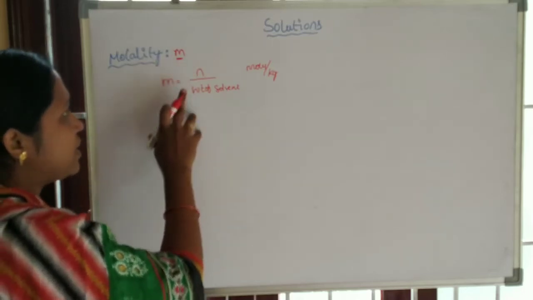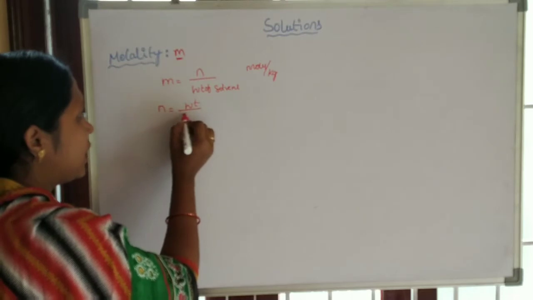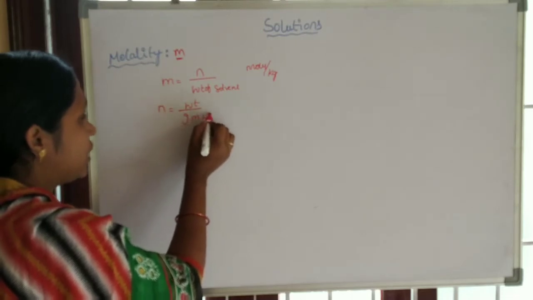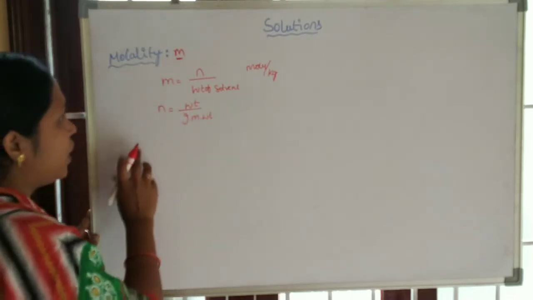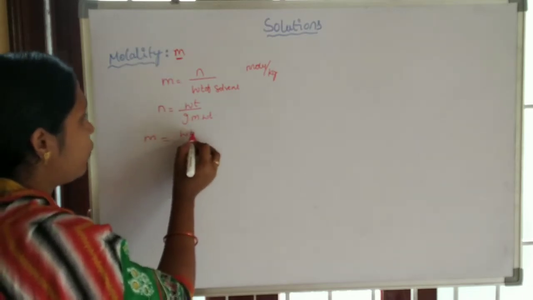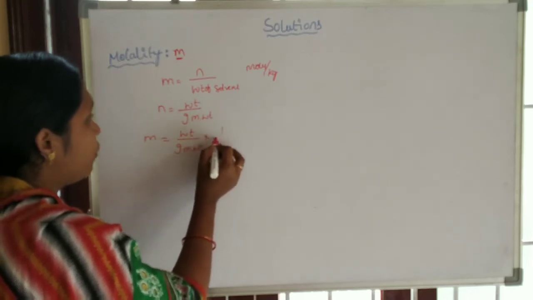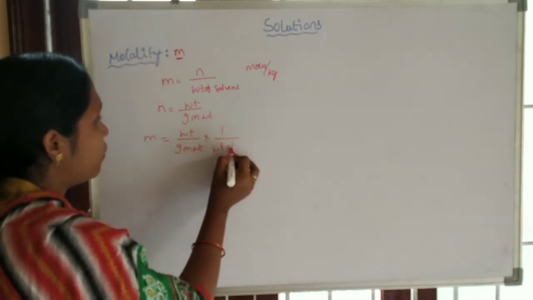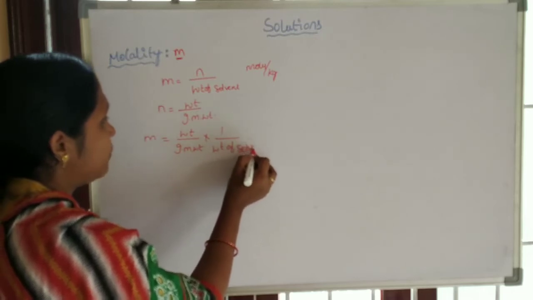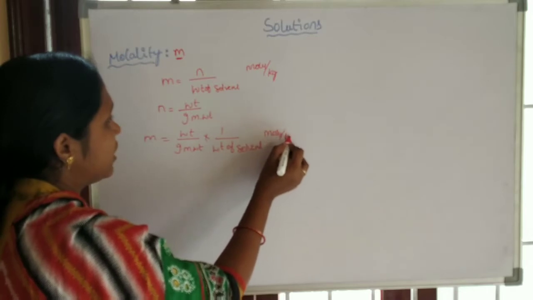Already you know n is the number of moles. n equals weight by gram molecular weight. Substitute the n and write down molality equal to weight by gram molecular weight into 1 by weight of solvent, in moles per kg.